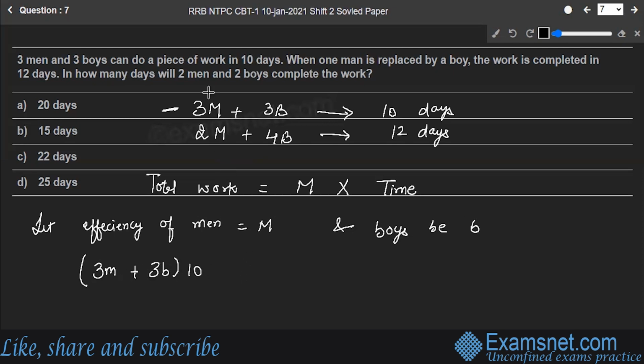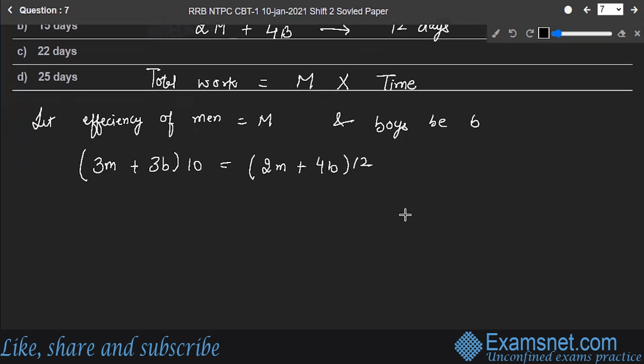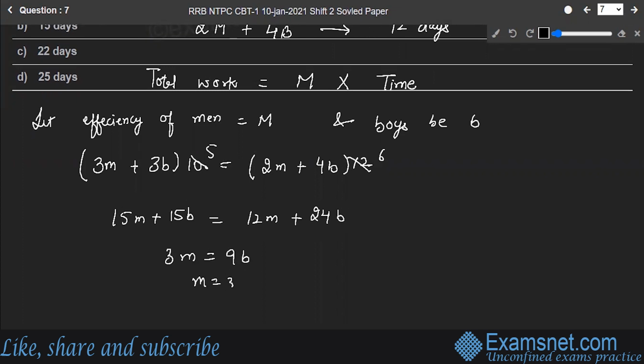This is the work done by 3 men and 3 boys together for 10 days. This is equal to work done by 2 men plus 4 boys for 12 days. Right? Let's solve it. You will have a 5 and a 6 over here. So 15M plus 15B is equal to 12M plus 24B. 3M is equal to 9B, or M is equal to 3B.